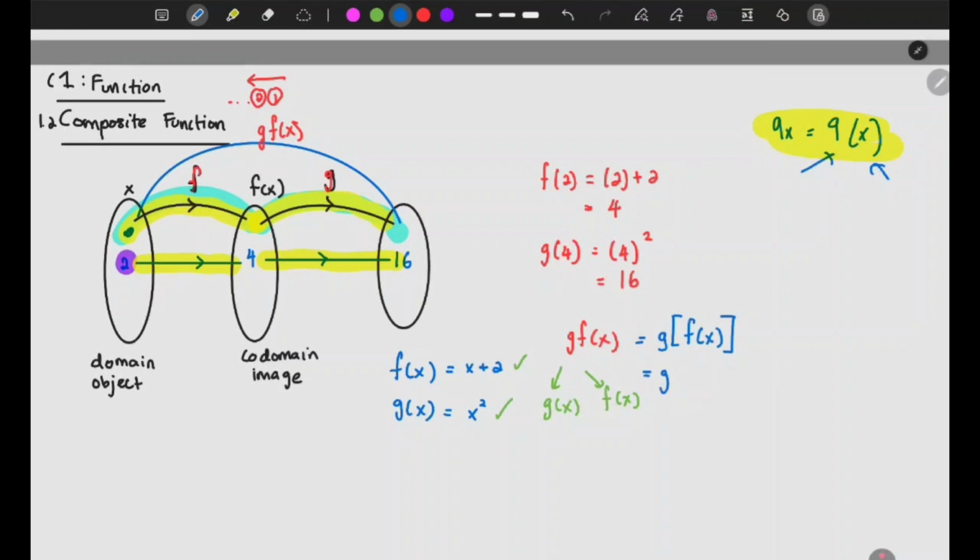Can you see this is my f(x), isn't it? And you know what? I have my f(x), which is this, x plus 2. So let's key in here x plus 2. You see, I didn't do anything. I just substitute my f(x) with the equation of the f(x), which is x plus 2.